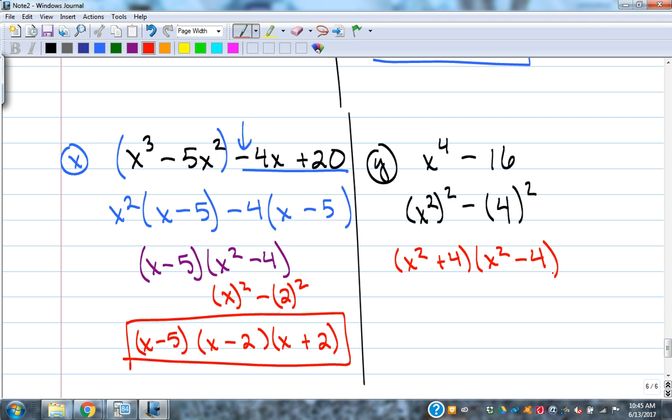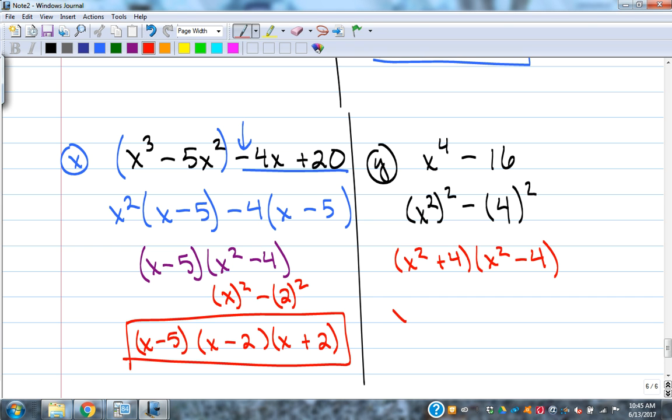Which one of those factors further? Look at example X. The plus 4 does not. The minus 4 would. It has to be a difference of squares to factor further. The plus in the middle there will not factor further. We've done that one a couple of times today.